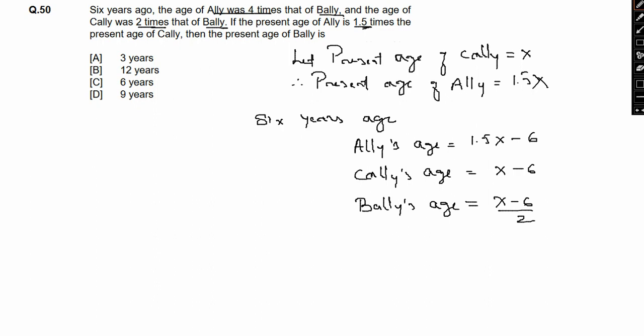So therefore we can write Ali's age 6 years ago, 1.5x minus 6 is equal to 4 times. So 2 gets cancelled, so 2 into x minus 6. Okay, so 1.5x minus 2x is equal to, this will be 12 minus 6, so minus 6. So x is nothing but 12.